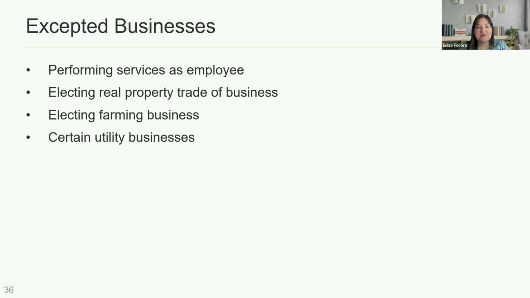Excepted businesses. We talked already about being subject to Section 163 and that limitation on the last slide, especially for business interests. But if they're performing services as an employee, or if they're electing out of real property trade or business, or they're electing a farming business, or even utility businesses, those could be considered excepted businesses.